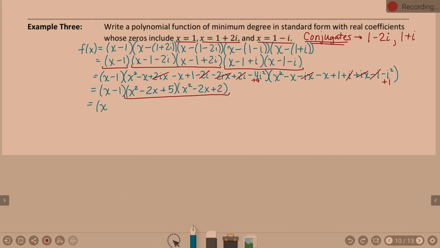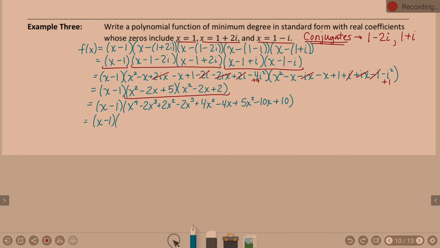So x minus 1 I carried down. I'm going to distribute x squared to the other parenthesis: x to the 4th minus 2x cubed plus 2x squared. I'm going to distribute minus 2x: minus 2x cubed plus 4x squared minus 4x. I'm going to distribute 5: 5x squared minus 10x plus 10. x minus 1 carries down 1 final time.